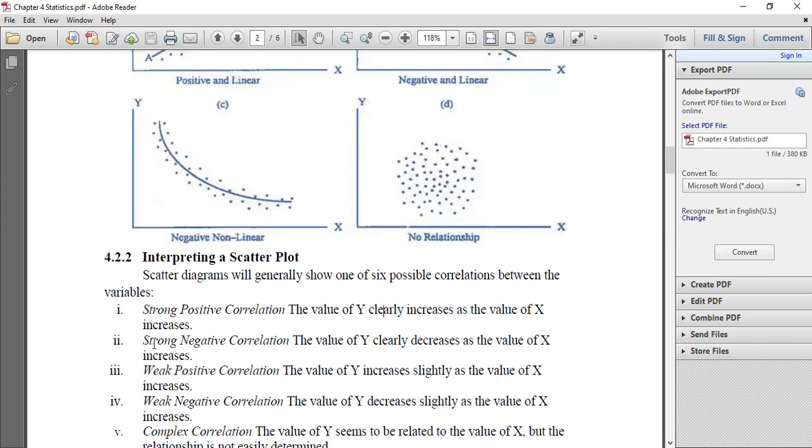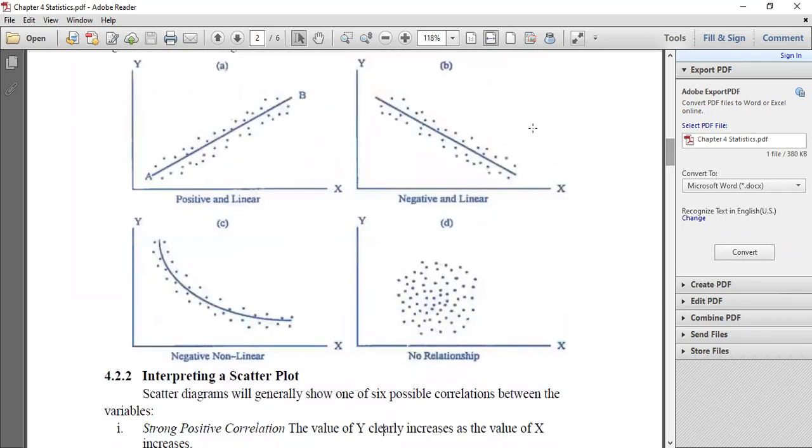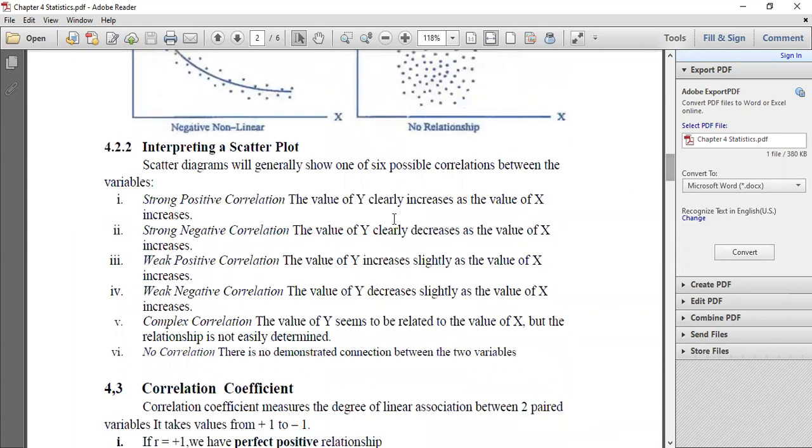Now, we also have a strong negative correlation. Again, this is when you can clearly tell that the values of y are decreasing when the value of x is increasing. So that is this instance here. We have seen this here. As x increases, y decreases. So you have a strong negative. You can also have a weak positive. So again here, it is just slightly.